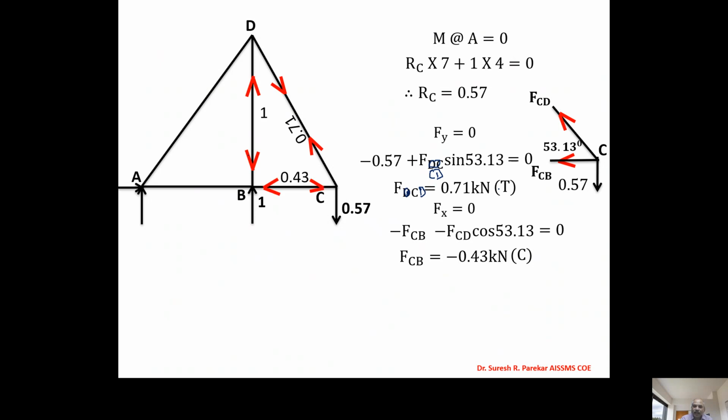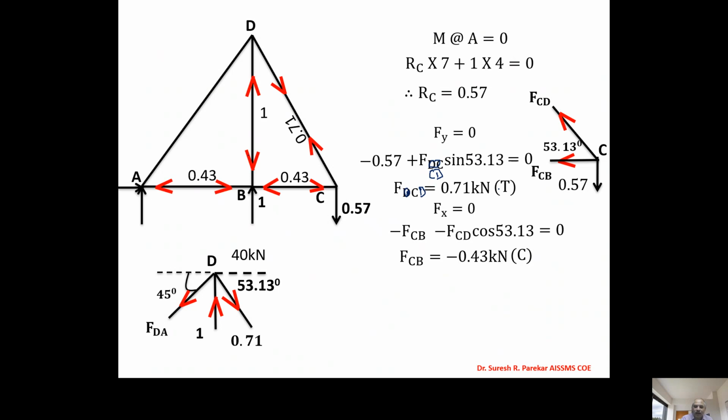We can see this. So we have 0.57, 0.543 and 0.71. Now we can go to joint D. So knowing two values, we can find only one value, and we will get those values. Now if we go to joint B, then these are equal and opposite. So BA also we have compression 0.43.